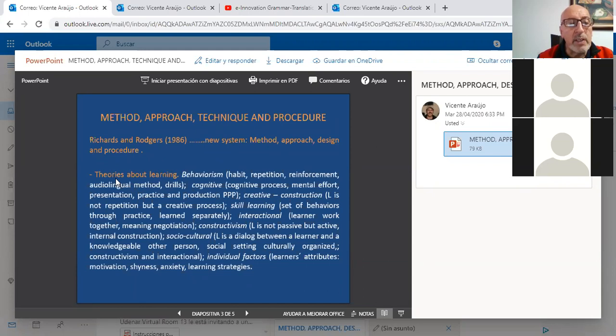So there are theories about learning. In the previous one, we saw theories about language. Now we have theories about learning. A lot of theories about learning. One is behaviorism. For them, how does a child learn?